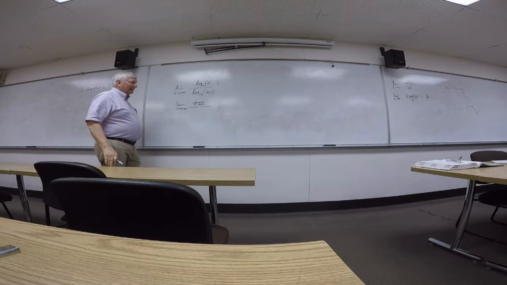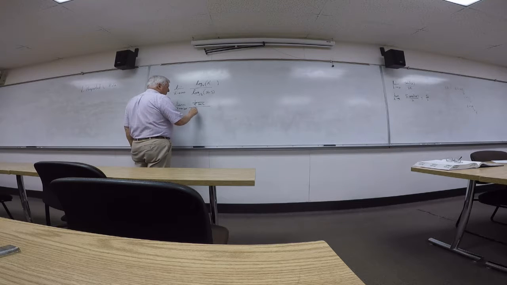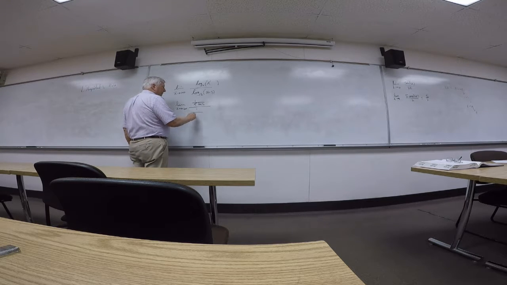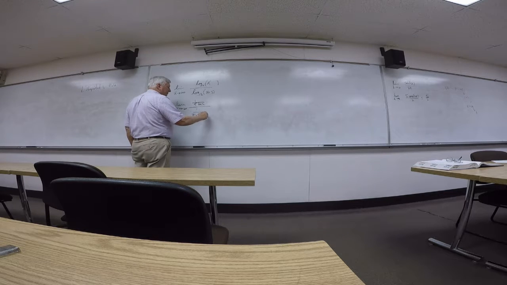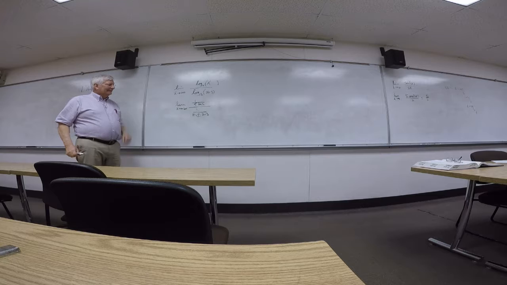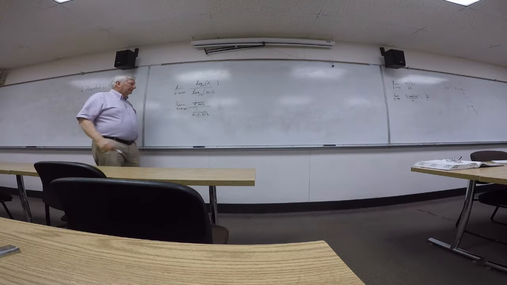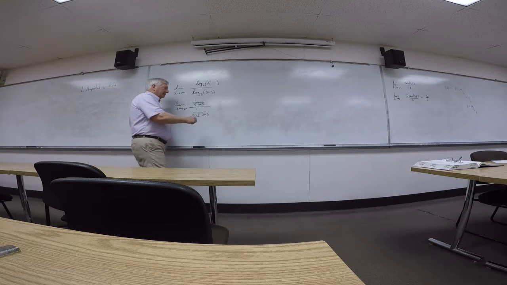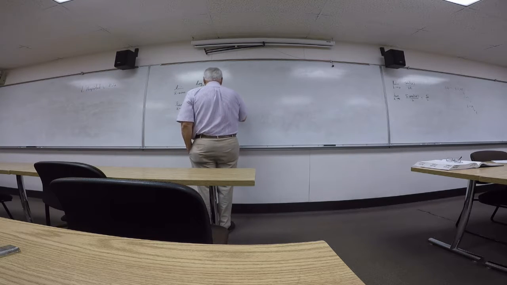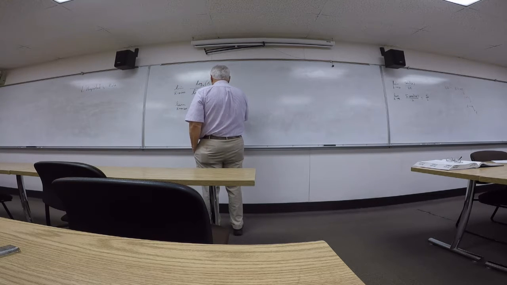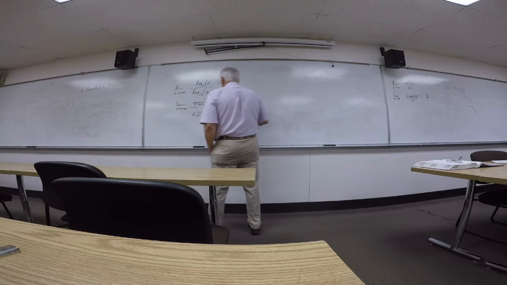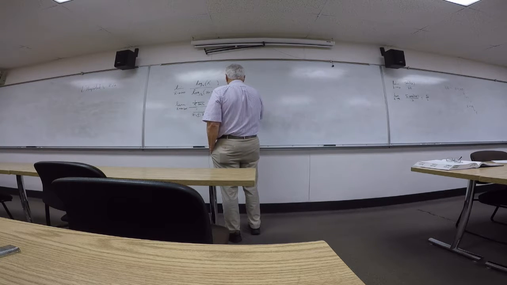The derivative of the denominator is 1 over x plus 3 times natural log of 3. If we invert and multiply, we get the limit as x increases without bound of x plus 3 times natural log of 3 over x natural log of 2.